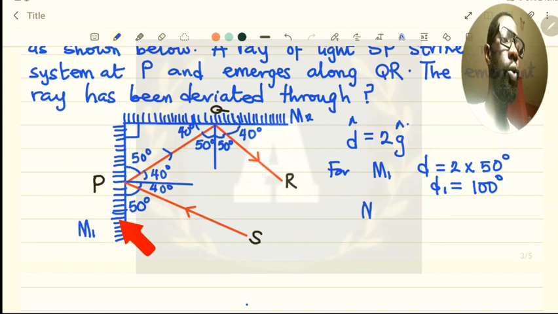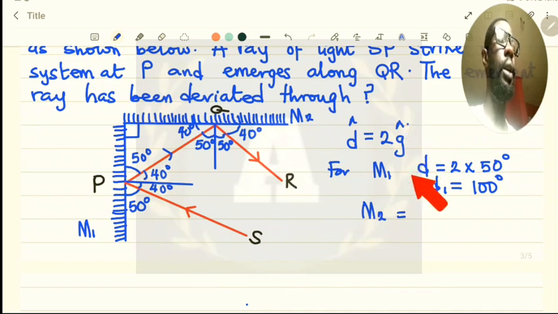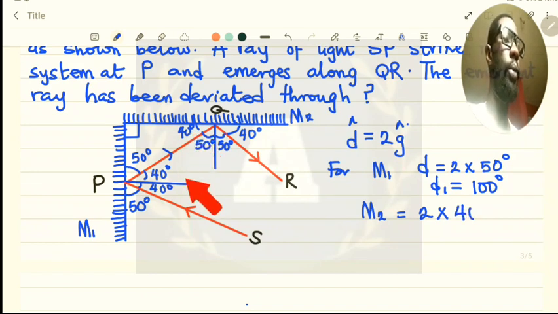Now for M2, using the same formula, angle of deviation is twice the glancing angle, so 2 multiplied by the glancing angle here, 40 degrees, which is equal to 80 degrees.